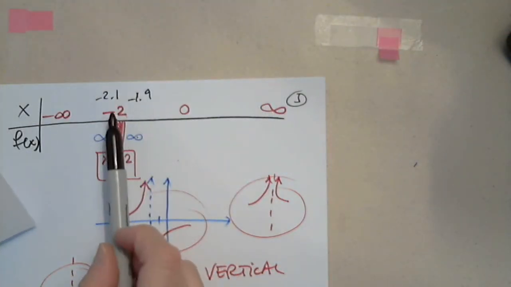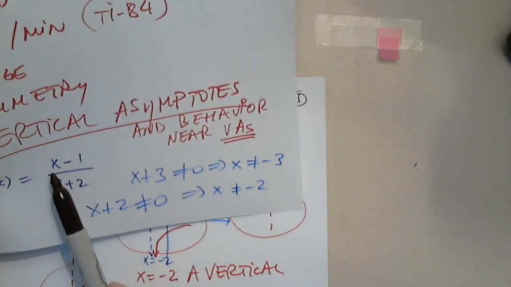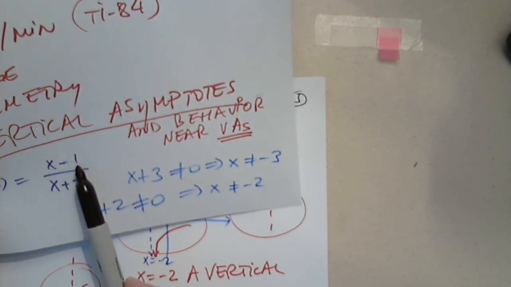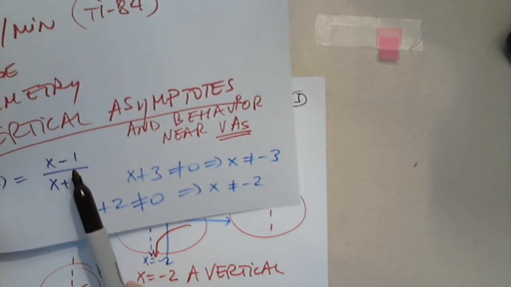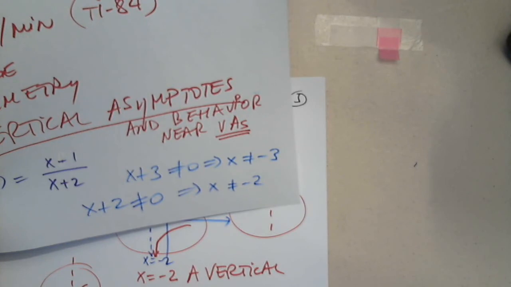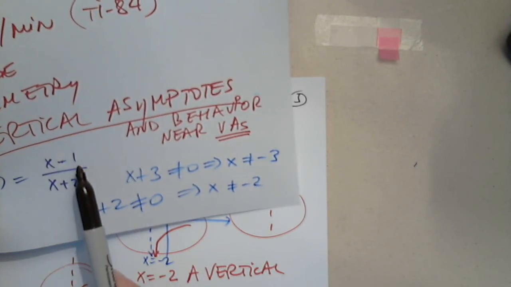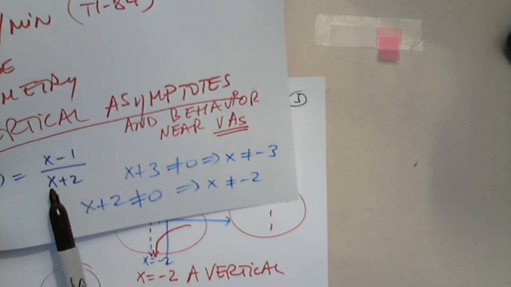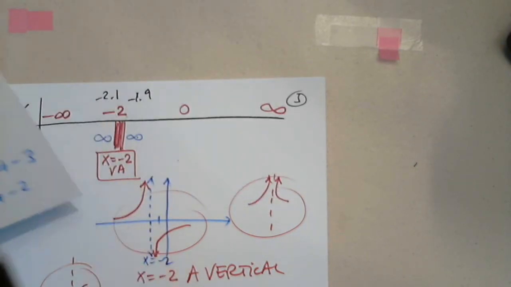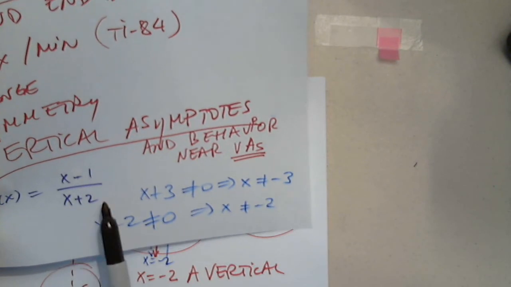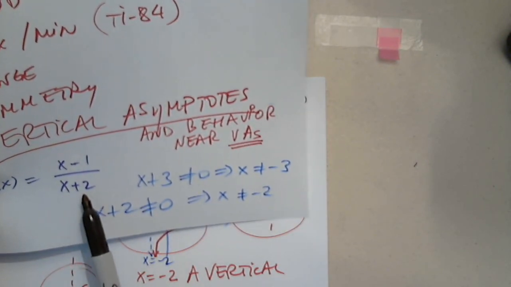If I replace x by negative 2.1 minus 1, what is the sign of the numerator? Negative, correct? If I replace x by negative 2.1 in the denominator, negative 2.1 plus 2, what will be the sign?